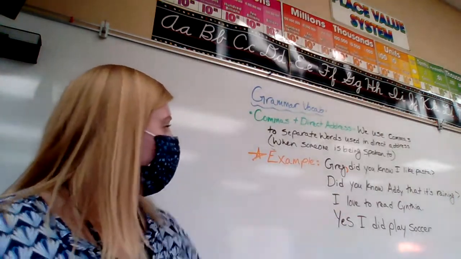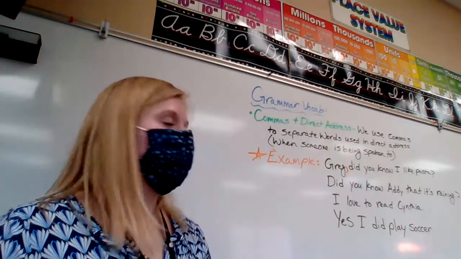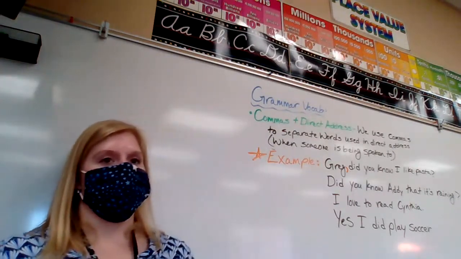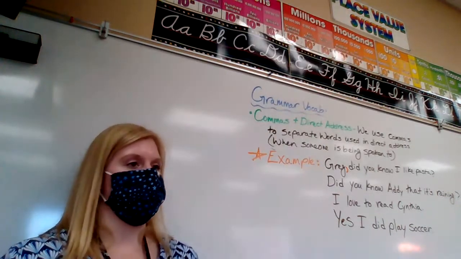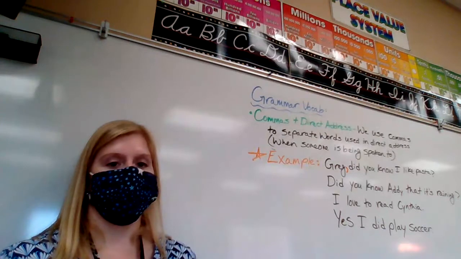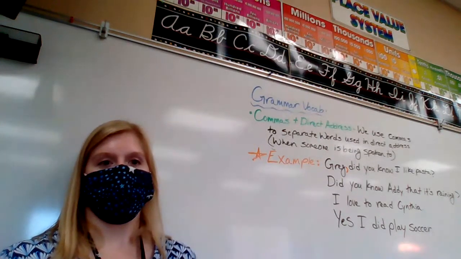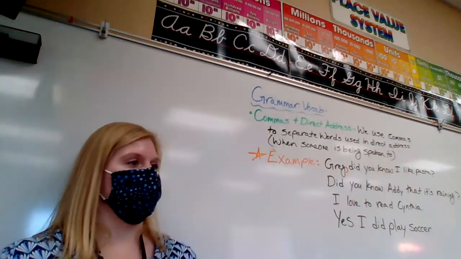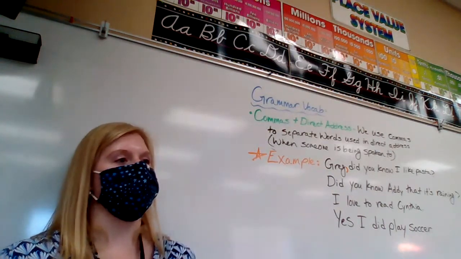Now let's look at this one. Did you know, Addie, that it's raining? Raise your hand if you think you know where the commas go in our second sentence. Whisper to the person next to you. Where are they going to go? If you can hear me, clap once. If you can hear me, clap twice.